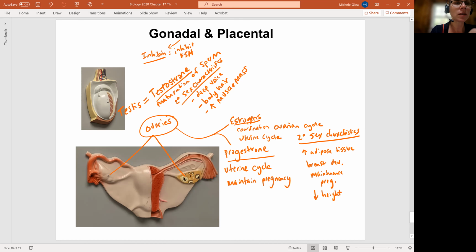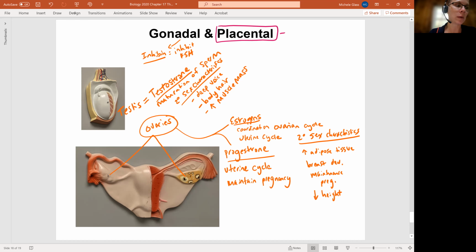When we talk about the placenta, what we see with the placenta is this is an organ that's going to be formed during pregnancy, and it's going to be partially maternal tissue and partially fetal tissue. So it's kind of cool, right? It's this one organ and it's shared by two individuals. And we see that it will produce hormones.